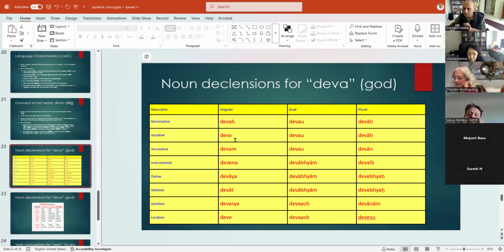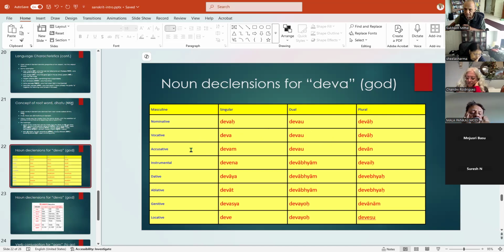As you notice, there are differences only in the singular. The nominative is Devaha, and the vocative, when you address somebody, it's Deva, not Devaha. The other two are the same. So if you're addressing two Devas, you'll say, hey Devau. That's called vocative, how to address this person.